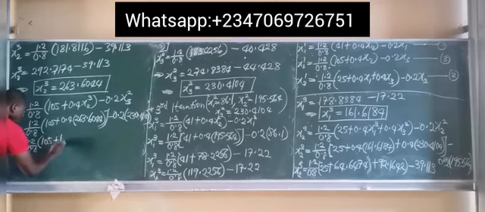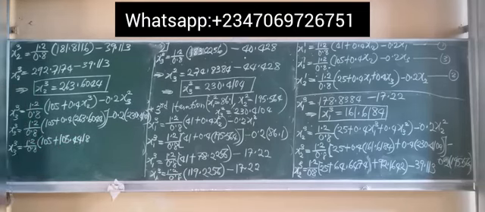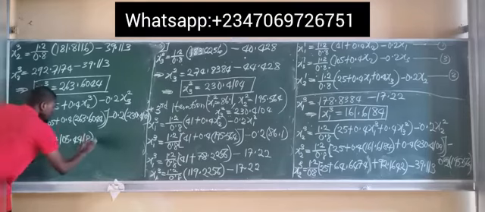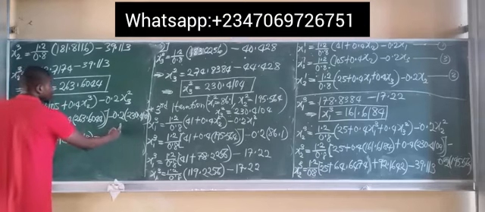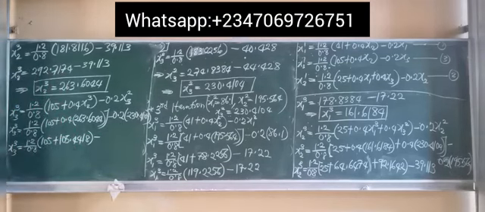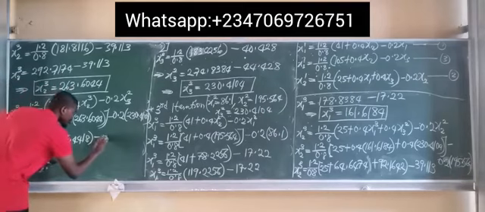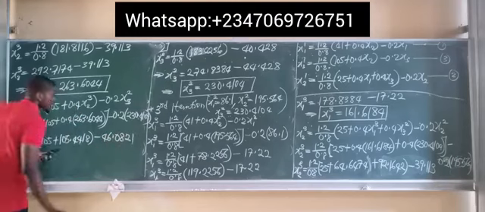This gives us 105.4418. Minus, let's evaluate 0.2 multiplied by 230.4104. That gives us 46.0821.